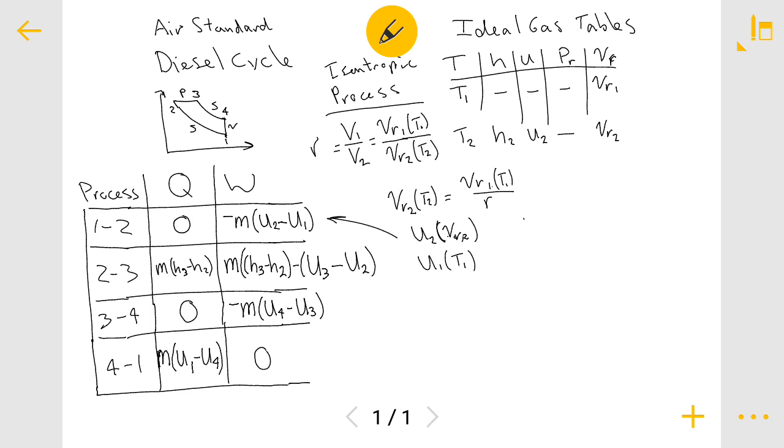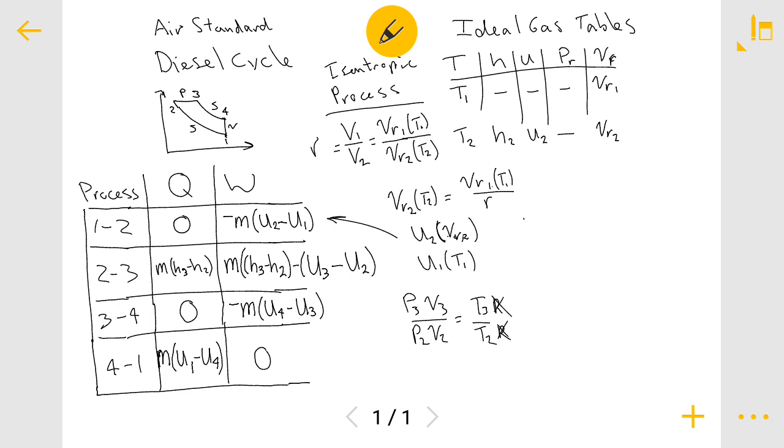Then I need temperature 3. Air standard or cold air standard, it's still an ideal gas. So we have P3 V3 over P2 V2 equals T3 over T2. That's just taking the ideal gas law, dividing it by the ideal gas law, and we had an R in there, but that canceled.